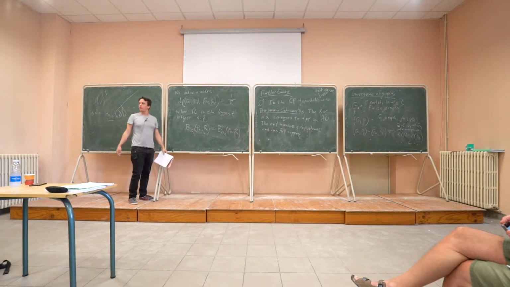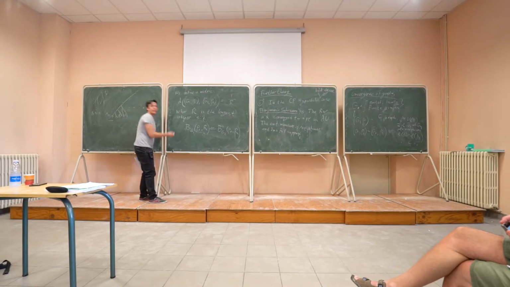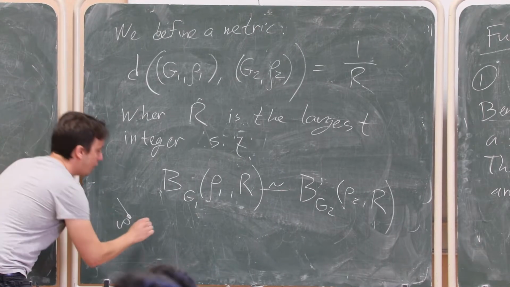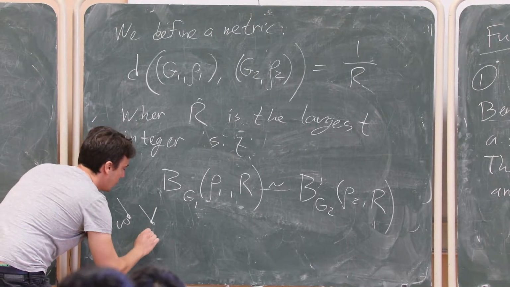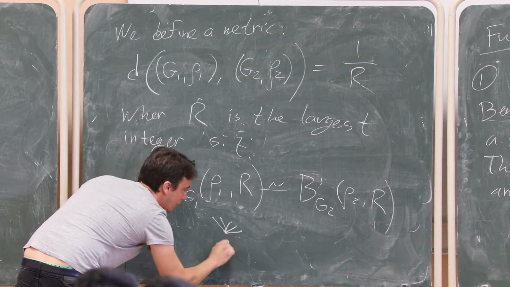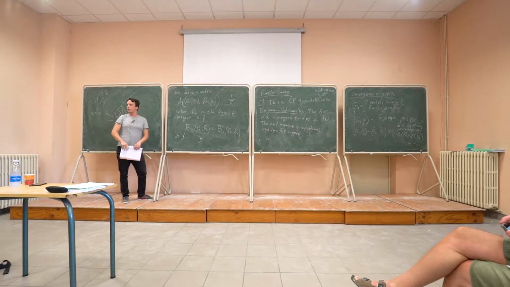I can look at the following set of graphs. Finite graphs, where the root has degree 1 in the first, degree 2 in the next, and at the nth one it has degree n, and so forth. So this sequence of graphs does not have a converging subsequence, just because the degree at the root blows up.